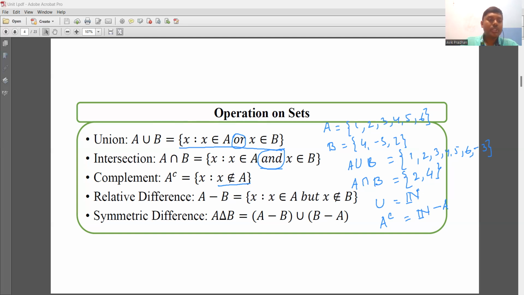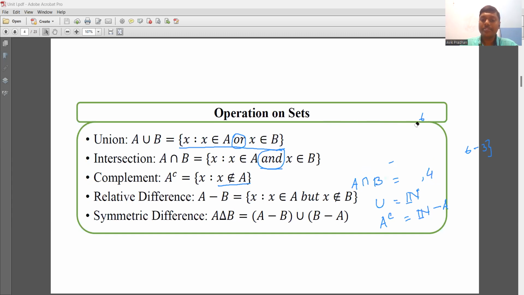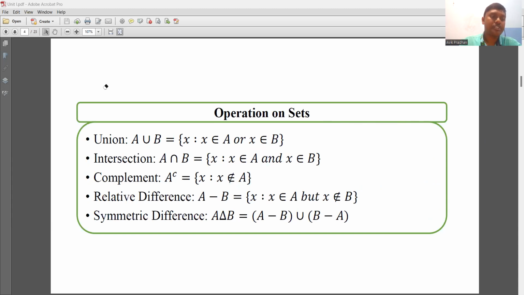Okay. So the next concept in these operations on sets is the concept of relative difference. So what is the relative difference? Relative difference we have already seen in the definition of the complement of a set. Relative difference is nothing but the difference of two sets, if I think about it in this manner.